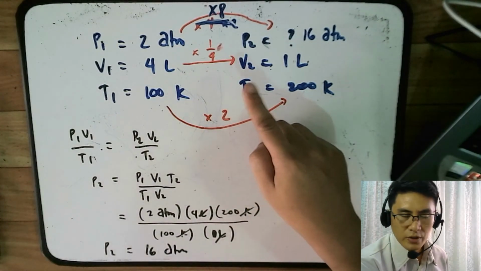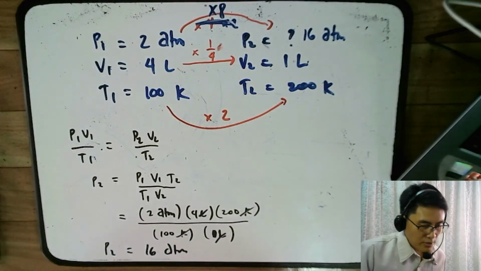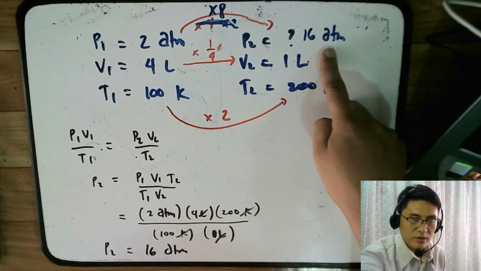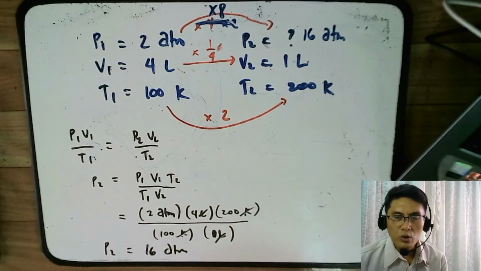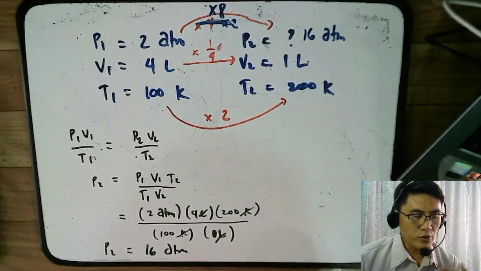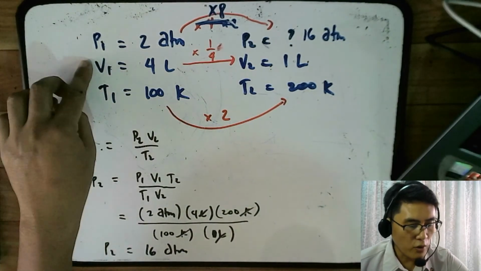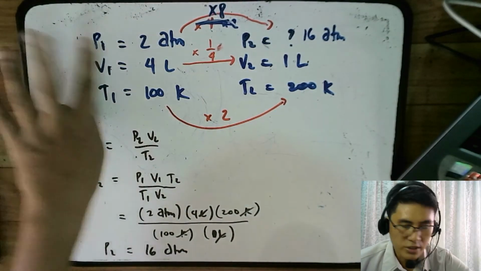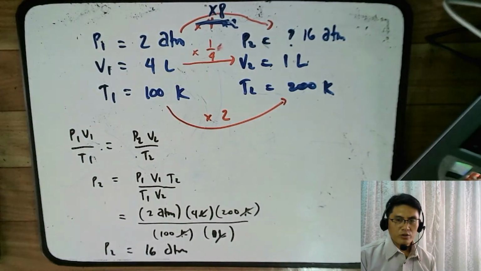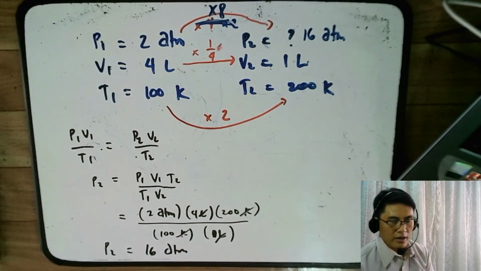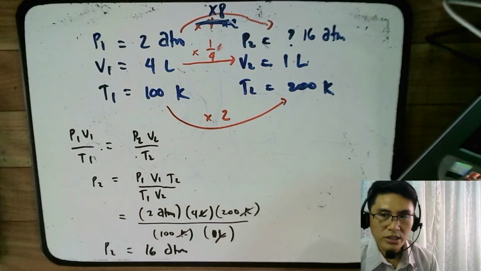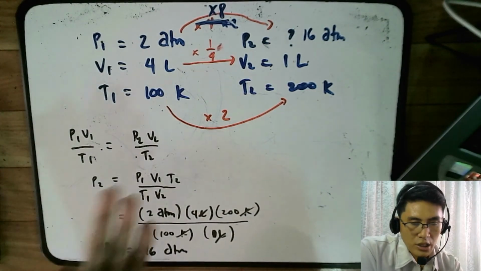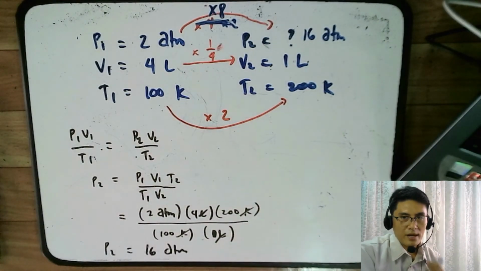you can apply the intuition that we talked about to quickly find out what the result is. But obviously, you have to already know what the effect of volume is on the pressure, and what the effect of temperature is on the pressure. In other words, you have to know the underlying gas laws, which are Boyle's law, Charles's law, and Gay-Lussac's law, in order to apply the intuition to the combined gas law, right?